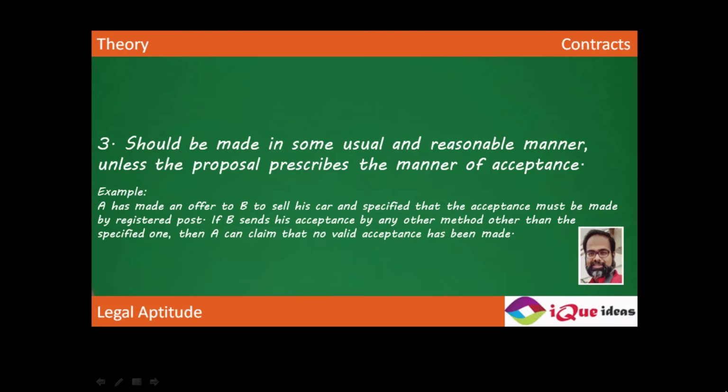If B sends his acceptance by any other method other than the specified one, then A can claim that no valid acceptance has been made. However, if there was no specification in the offer on how the acceptance should have been made, then the acceptor can make his acceptance in any manner which may be deemed reasonable by a common man.